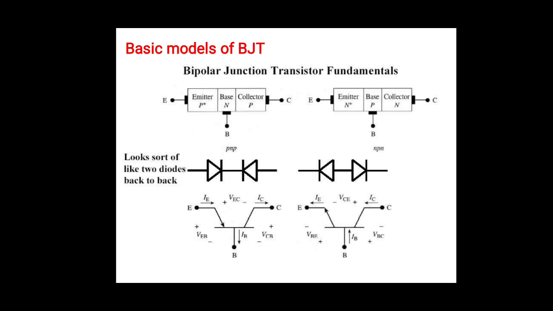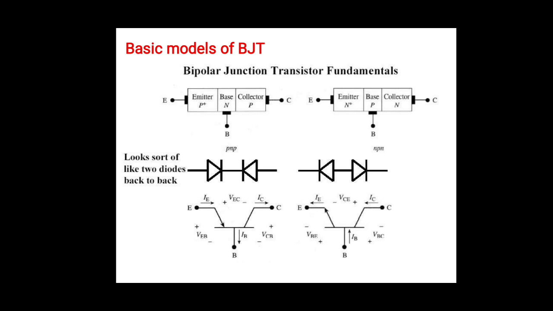So the direction of the current is always determined with the standard equation, because there is a relation between the currents in the base, collector and emitter, that is IE is equal to IB plus IC.